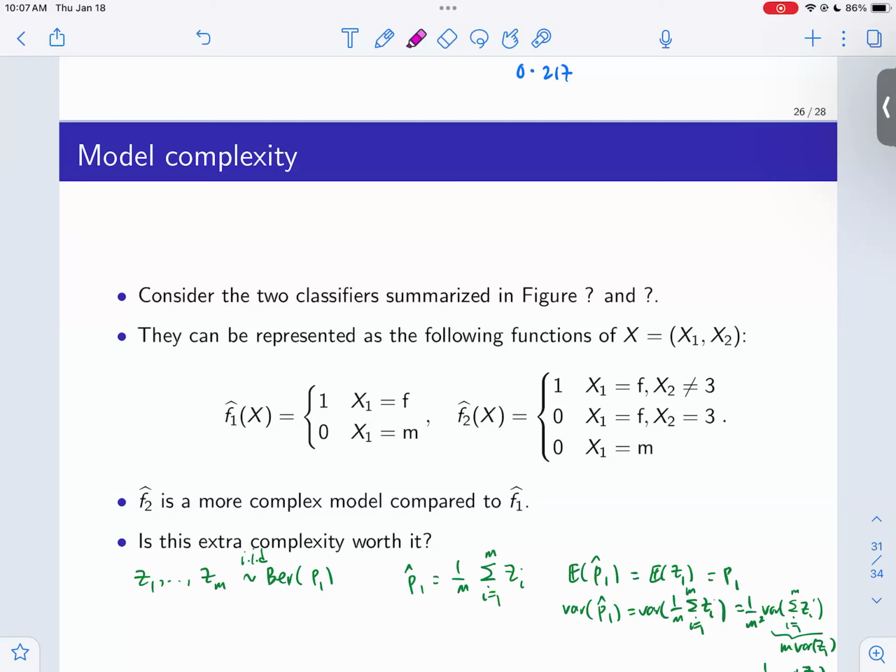In general, when you add more complexity to the model, the training error is going to go down. Sometimes the test error also goes down, but as you can see, it's not obvious that the more complex model is always better. The idea of choosing between different classifiers or models is called model selection in statistics.